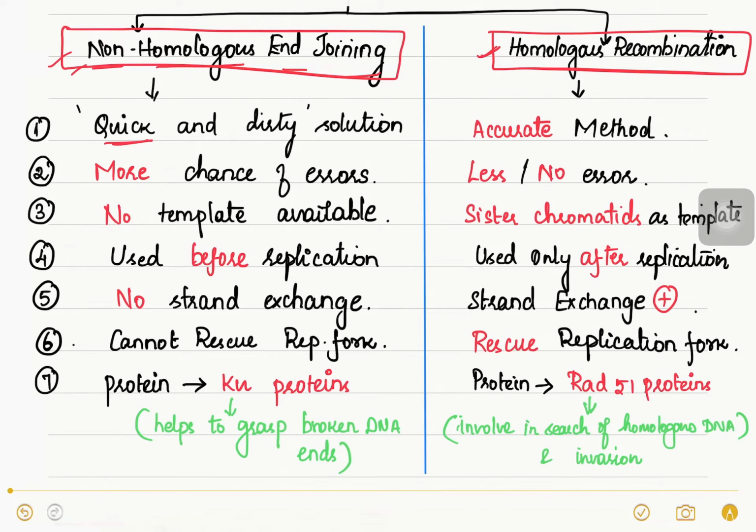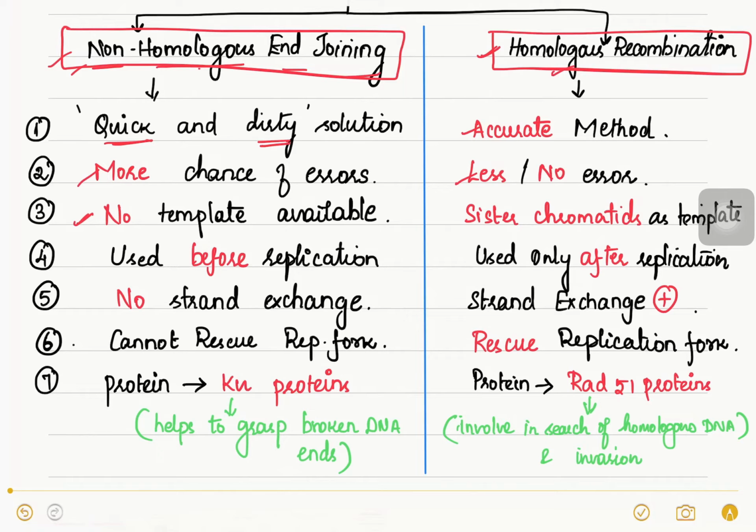As I already said, it is a quick method, but it is a dirty method because there will be more chance of error. But homologous recombination, since it has used the sister chromatid, is an accurate method of correcting the errors. So the second difference is that non-homologous end joining has more chance of error, but in homologous recombination there will be very little or no chance of error.